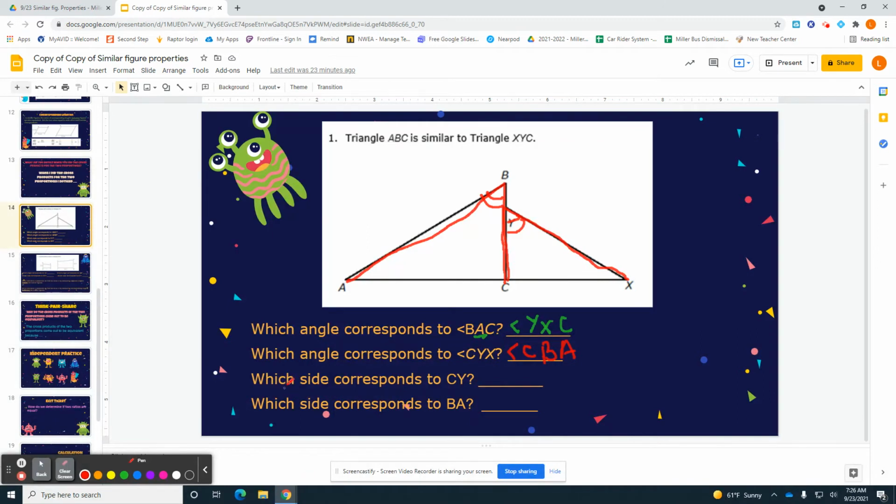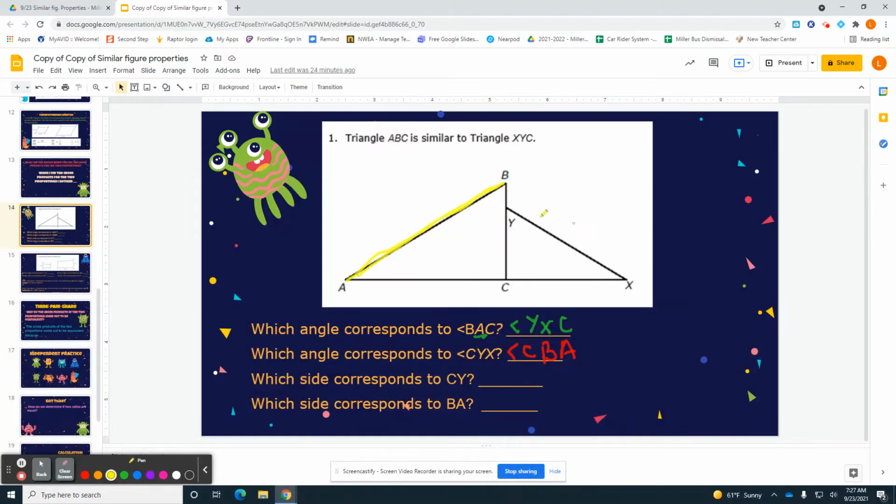So now it wants to ask you which side corresponds to side CY. Let's erase this red so we can find our corresponding sides. Go back to the pen. I'm going to start with side AB. Side AB is going to correspond to which side?